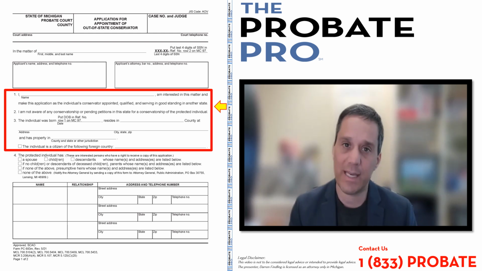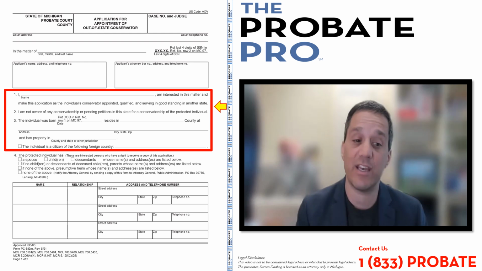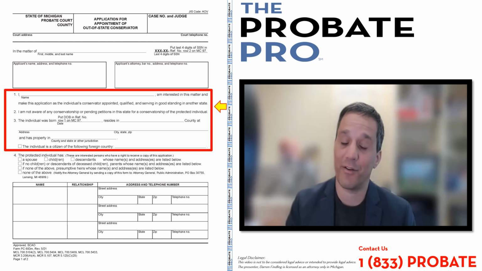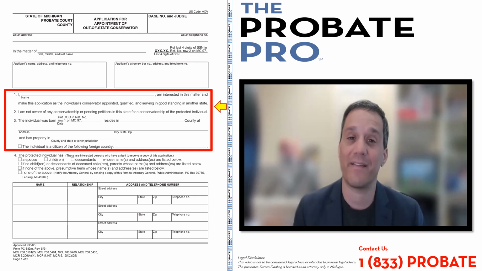Again, that MC97 form would identify the date of birth because it's private information, identification of the county, of the residence, and their location. And if they have property in a particular county or within the state of Michigan, that's identified in section 3. Now, if the individual is a citizen of a foreign country, it's identified in that little checkbox.